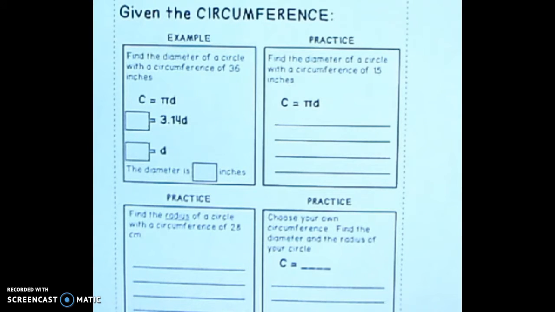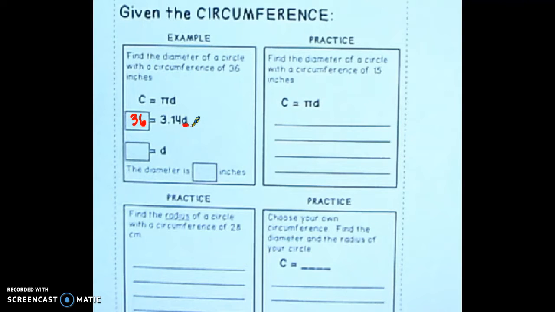So our formula is C equals pi times diameter. We are given that our circumference is 36. So to solve for the missing side length, we have this formula, 36 equals 3.14 times the diameter. We're solving for the diameter.